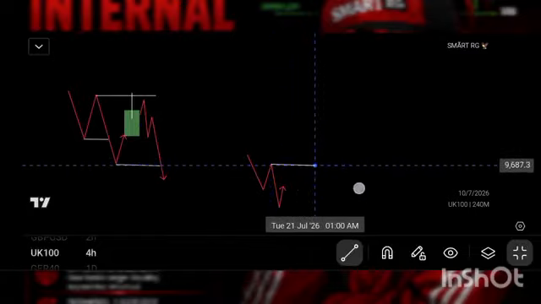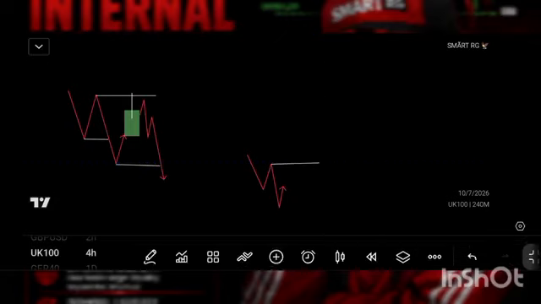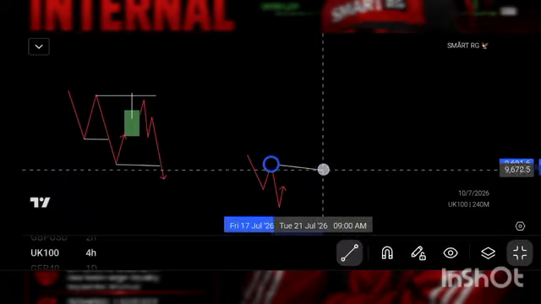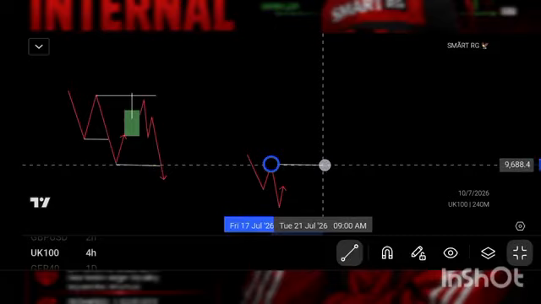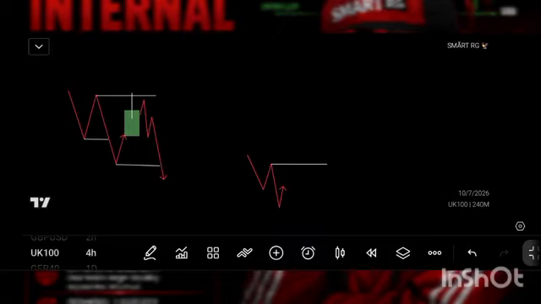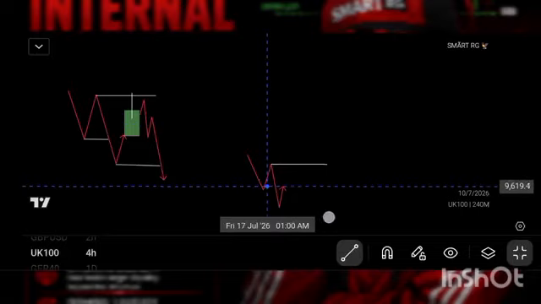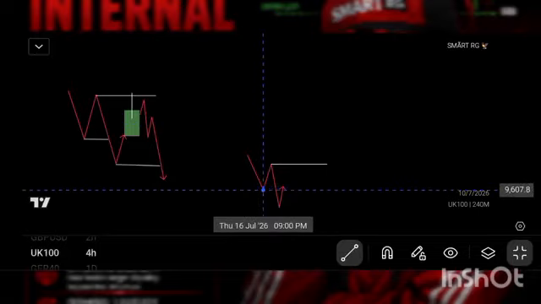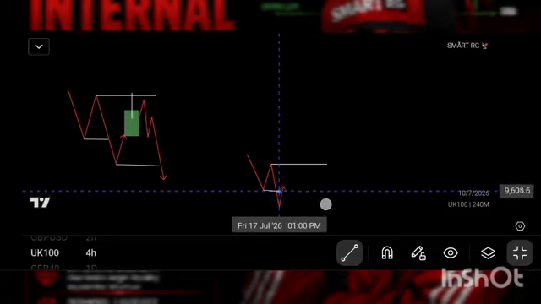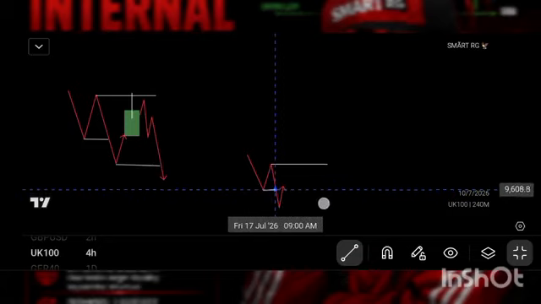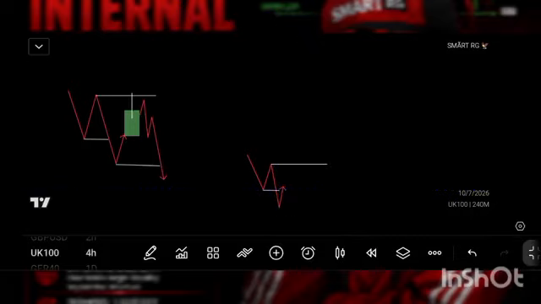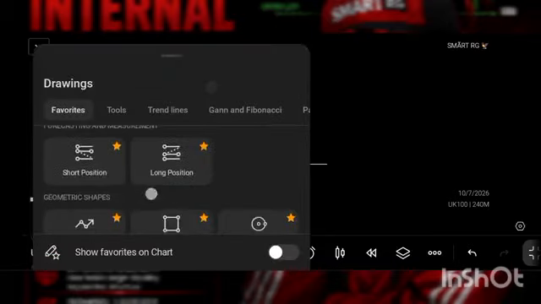So remember we have explained the internal liquidity. Now I want to explain the structural point. Now let's do something.